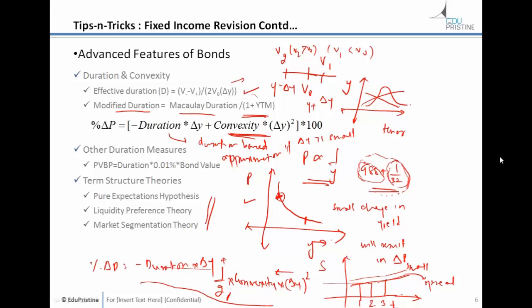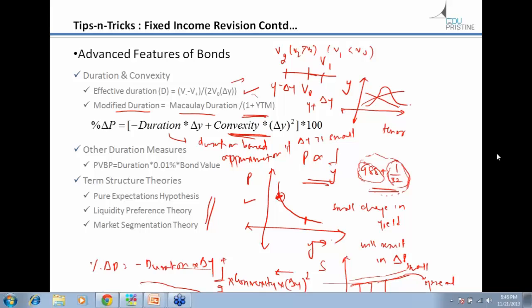Now, are Macaulay and effective duration the same thing? Effective duration is one way of computing the value of duration when I'm looking at a change in yield, that is delta y, on the upper side as well as on the lower side. How does the value of my bond change? Now, Macaulay duration is nothing but duration in terms of years.